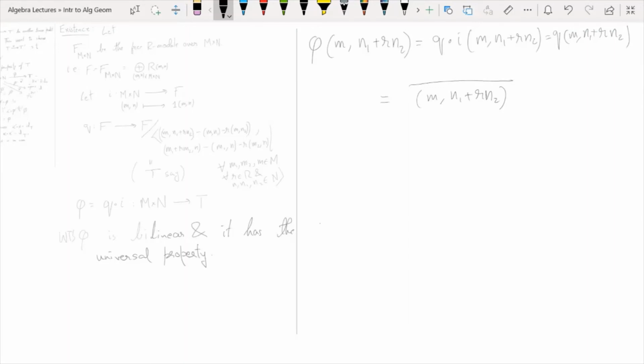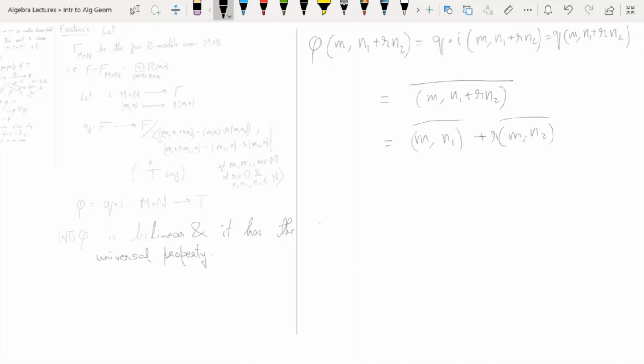This is the same as m comma n1 bar plus r times m comma n2 bar.